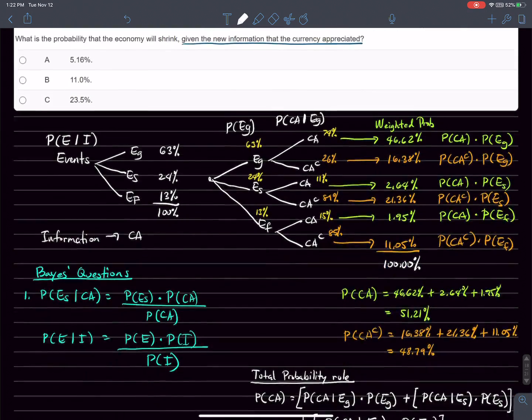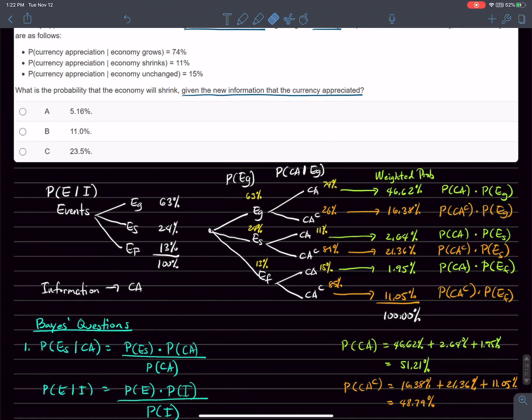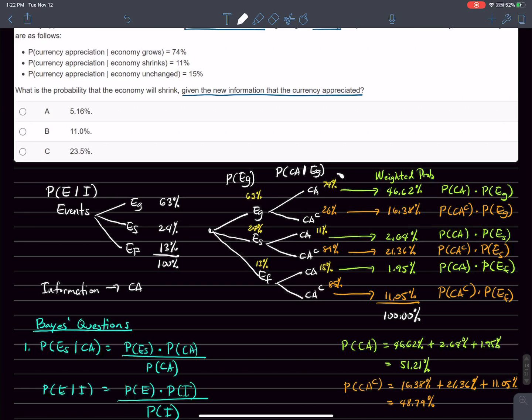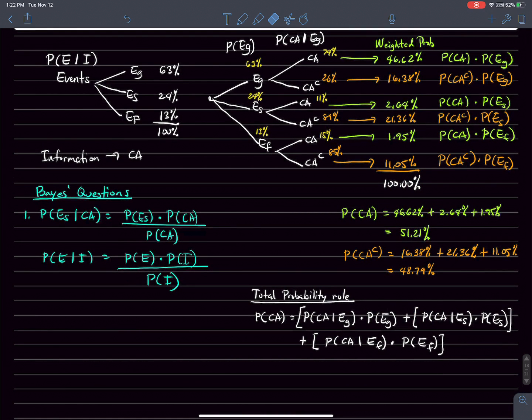So let's go back here. Probability of currency appreciating given EG is how much? As per this practice question, it is 0.74. Currency appreciating given EG. So what we have here is 0.74. And then you multiply it with the probability of the event.